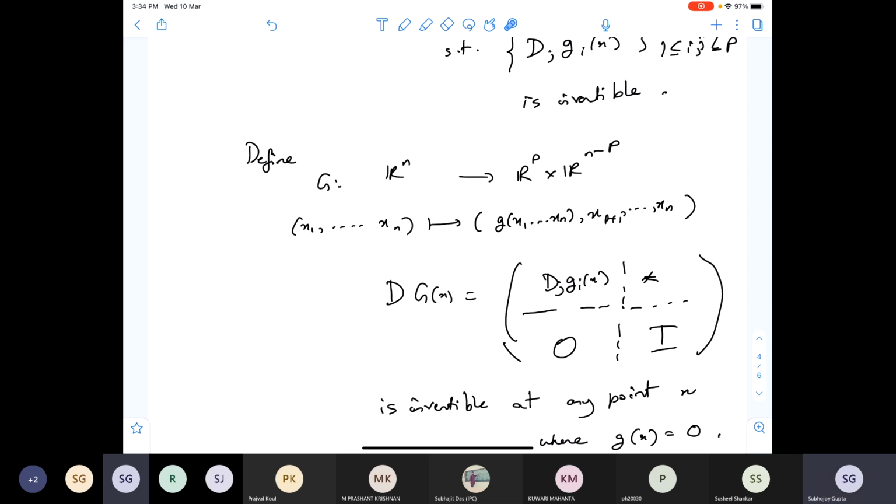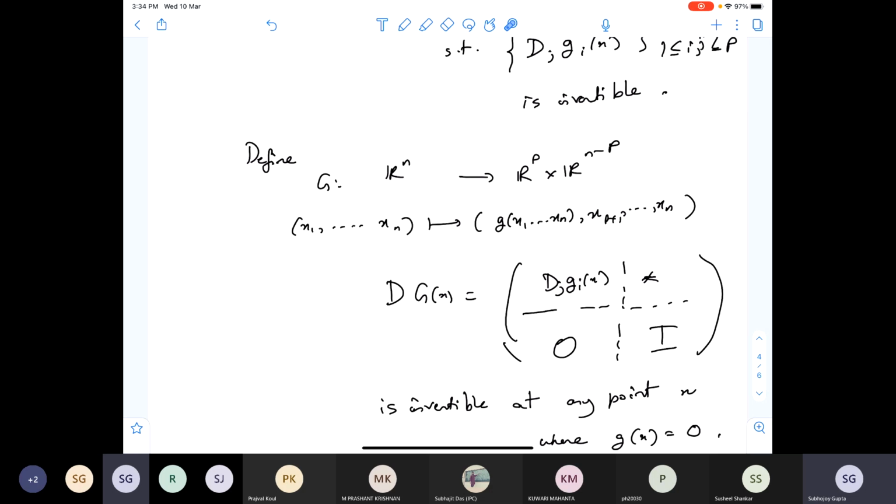Now the domain and the range have the same dimension. The way you define this map is you send x1 to xn to g of x1 to xn, which lives in this factor Rp, and then the rest is just an identity map.